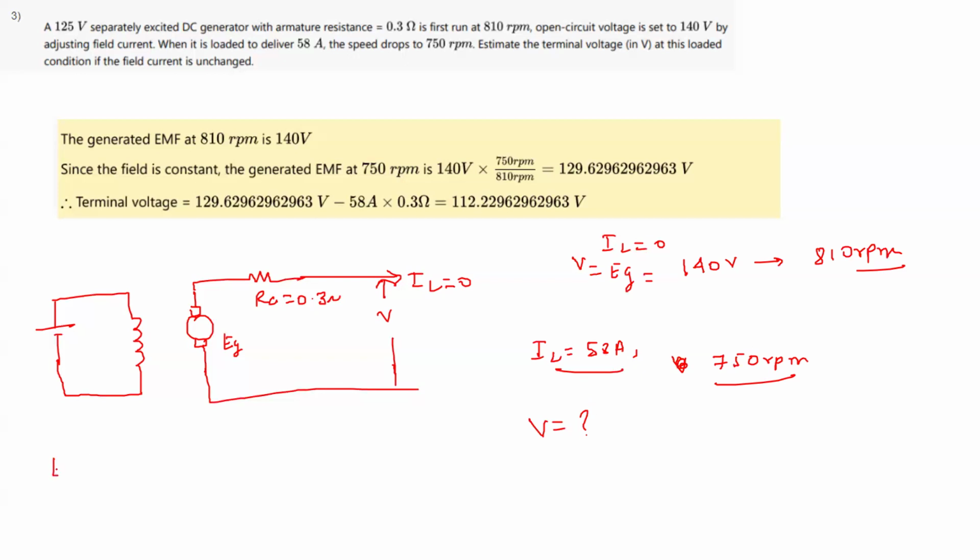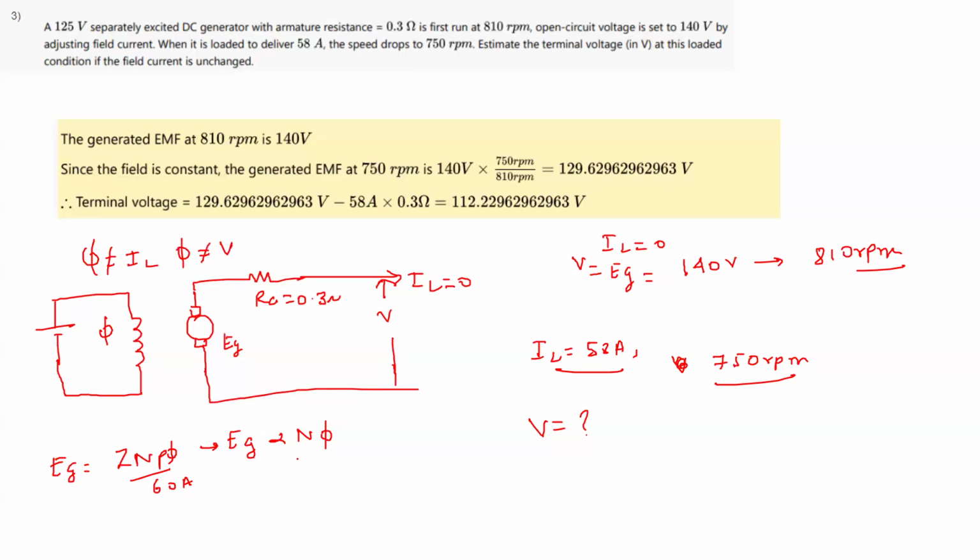We know that the generated voltage is ZNP phi by 60A. So EG is proportional to speed and it is proportional to phi. Now phi in this case is not dependent on the load current, and it is not dependent on the terminal voltage.